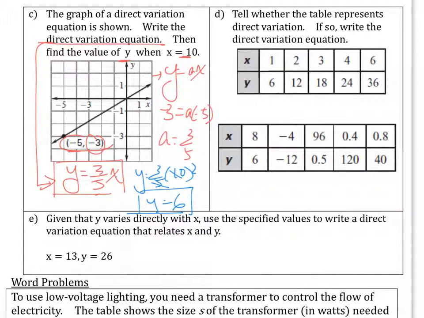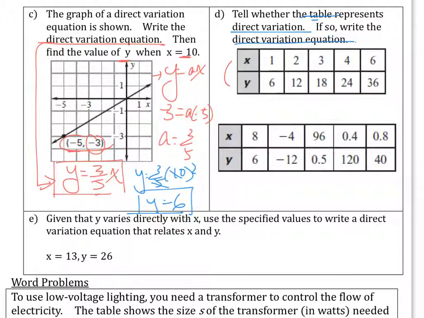Okay, another type of direct variation problem. Part D, tell whether the table represents direct variation. So again, you have to write yes or no. If so, write the direct variation equation. To determine whether this table represents a direct variation, we need to find out whether all the pairs of numbers have the same ratio.